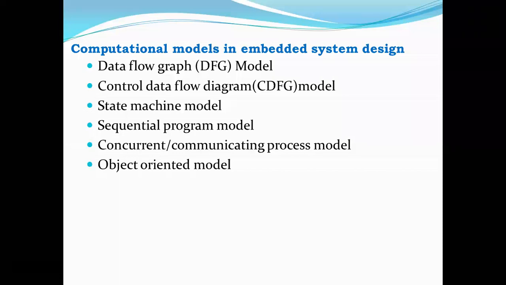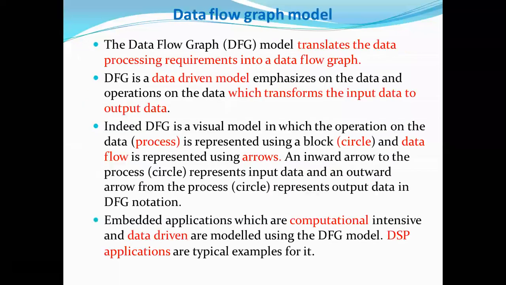What is the first one? That is the data flow graph model. For any embedded system you are designing, what inputs you give, and based on that how the output will be decided.